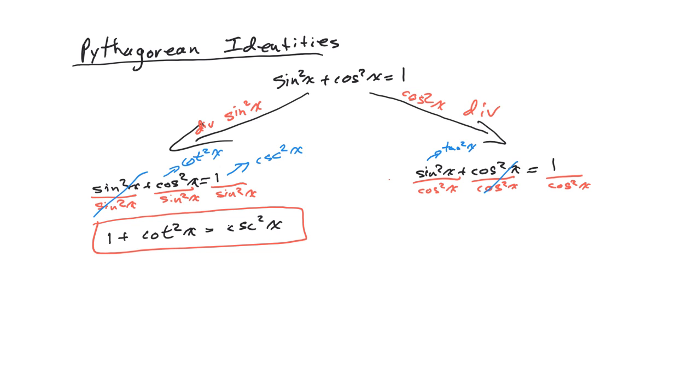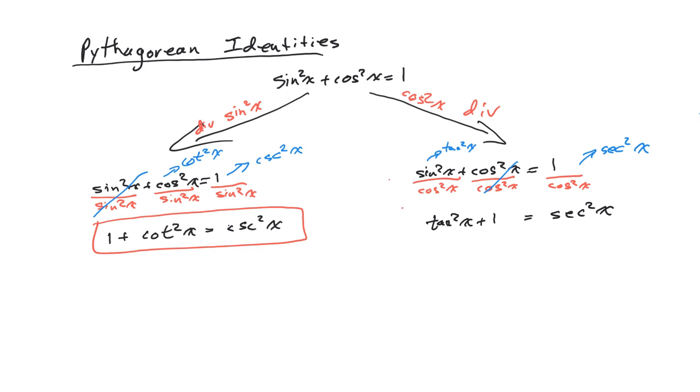And then cos divided by cos is 1, and then this turns into secant squared x. And so our last trigonometric identity is tan squared x plus 1 is equal to secant squared x.